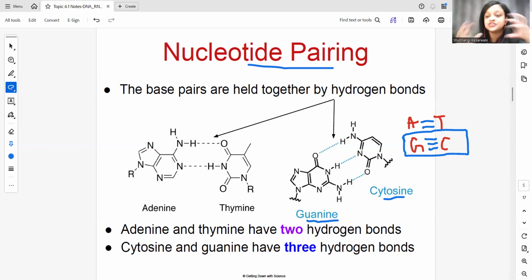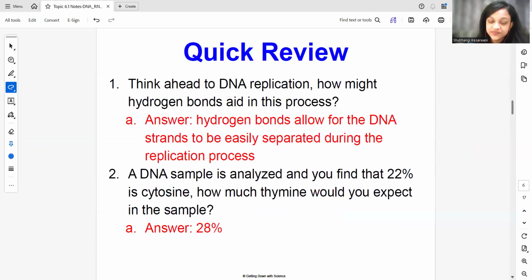If something has a stronger bond, it means they are going to be held together in a stronger way. This one has a double bond, and G and C have three hydrogen bonds. So G and C is going to have a stronger hold, right? Absolutely correct. I hope you have understood till here.